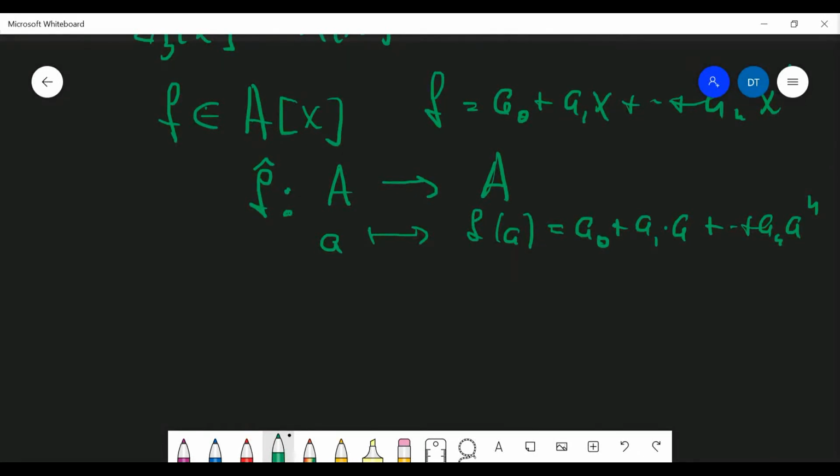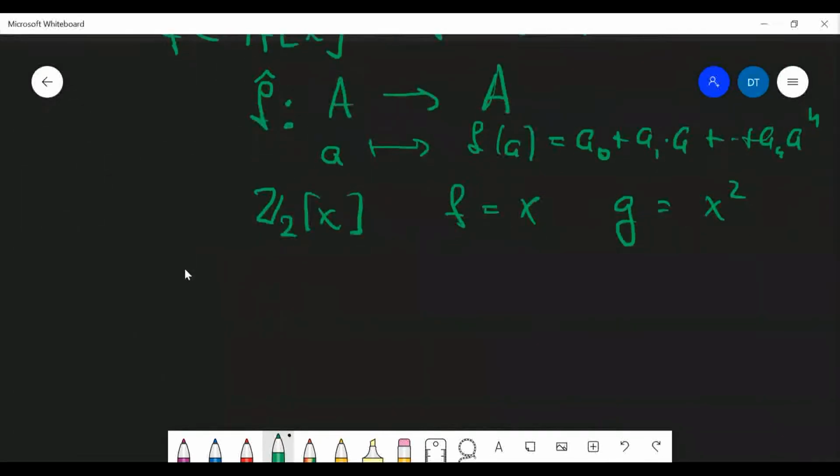So let me show you an example. For example, if you take Z2[x] and you take two polynomials, first of all, f(x) to be x and the second one g to be x squared. These are completely different polynomials because they are represented by different pictures.